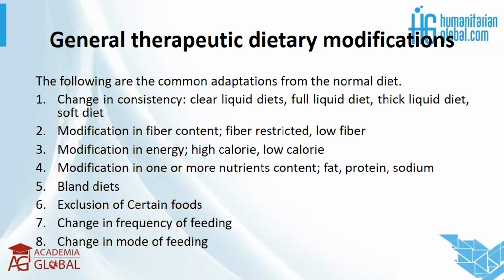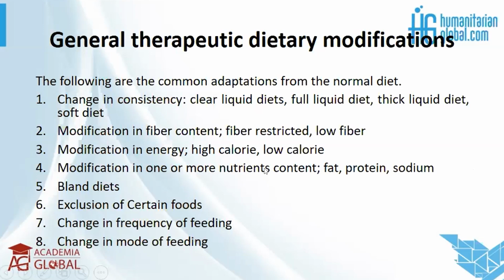And when we are dealing with these diets required for those specific conditions, we will be mentioning this general therapeutic dietary modification. So it's very important that you understand, because if somebody has a condition and you are told to give them a diet that is high in energy, then you need to know what is that. So this is what we're introducing you of the general modifications.